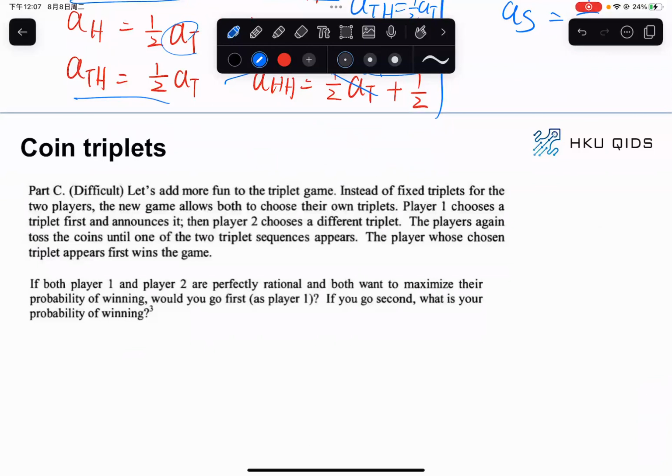A common misconception is that there is always a better sequence that beats the other sequence. This is wrong, okay?